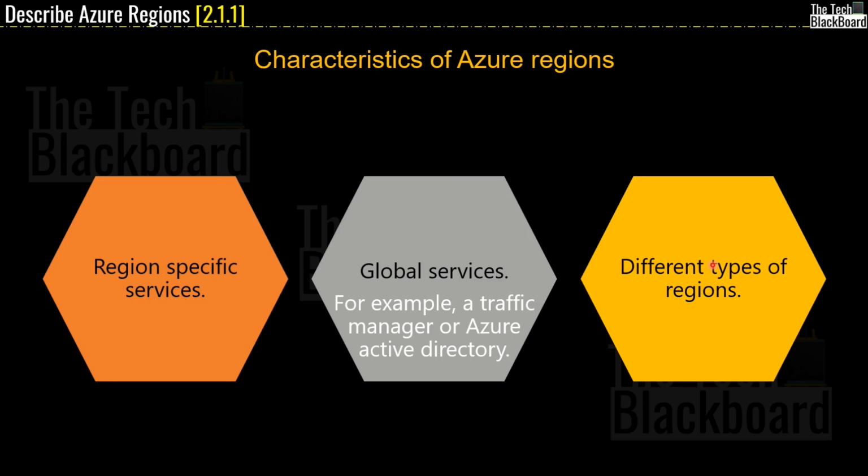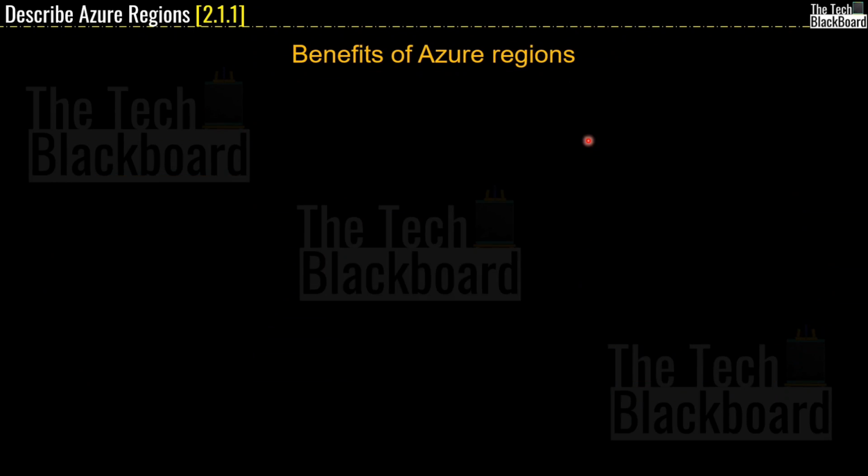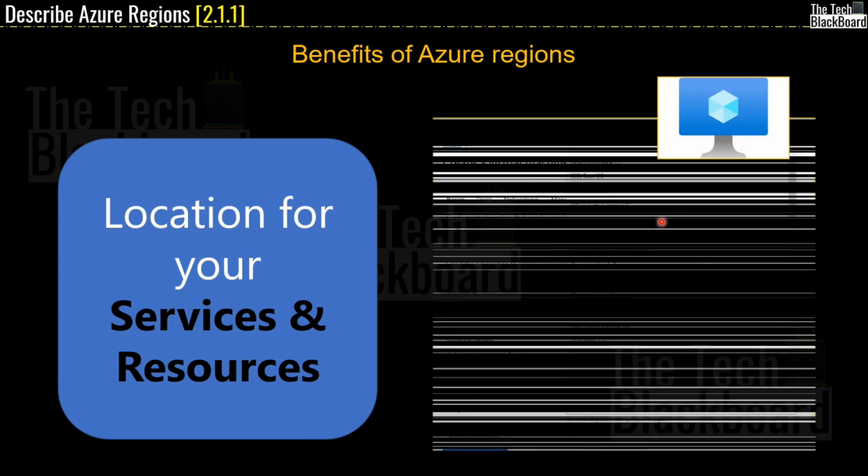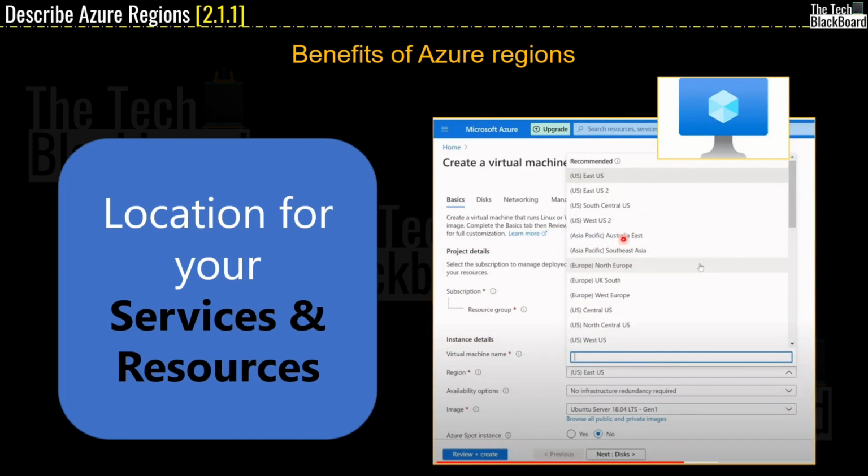Sovereign or national clouds. Now let's look at the importance of Azure region and why they are actually needed. Firstly, Azure regions are locations for any service or Azure resource that you want to create in Azure. For example, if you want to create a virtual machine or a storage account, you will be asked to choose an Azure region. Here in this example, you can see that while creating a virtual machine, we are being asked to pick an Azure region for the same.